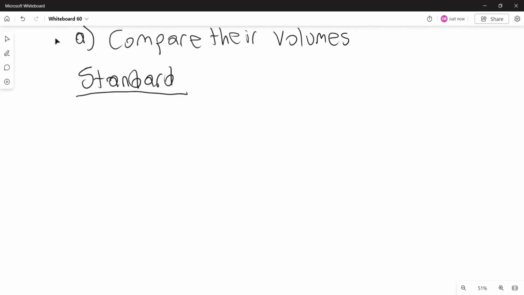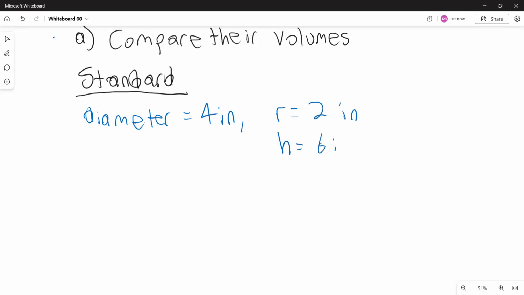If the diameter is 4 inches, the radius is 2 inches, and the height is 6 inches. So the volume is pi times r squared times 6.